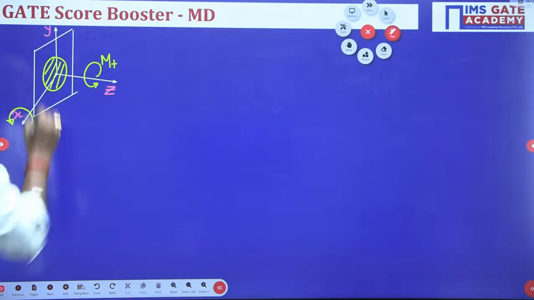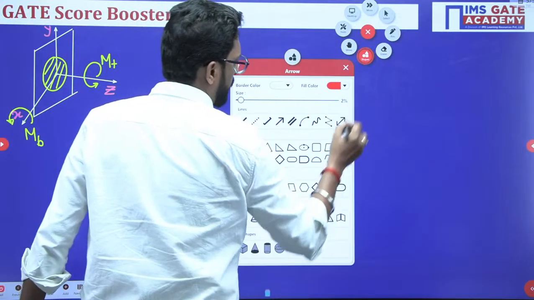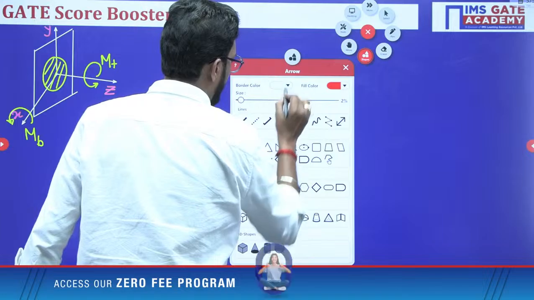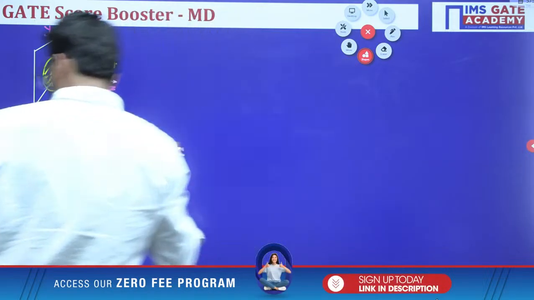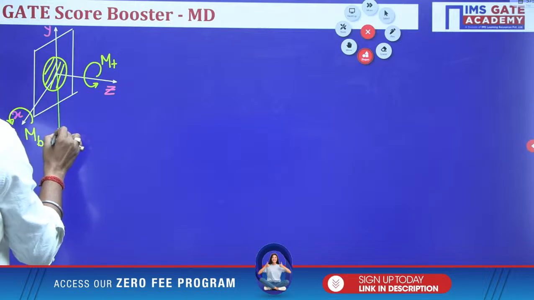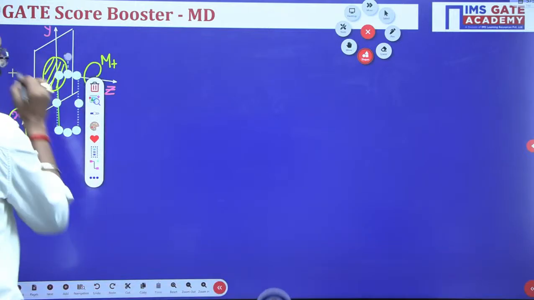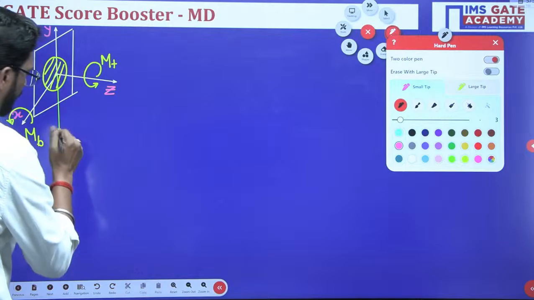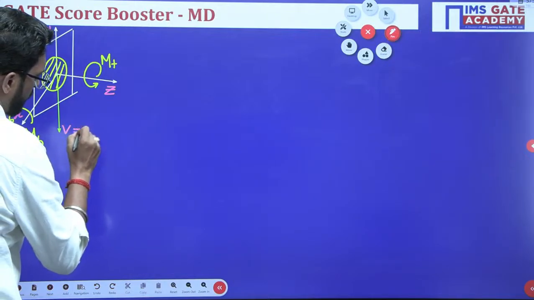Clear? And in the y direction, downward, is a shear force. Very important, a shear force. In this direction there is a shear force V. Clear? This is your V, and this V is equal to F.